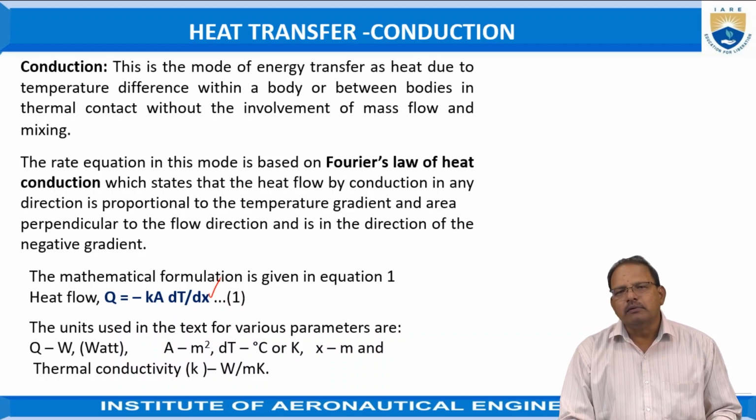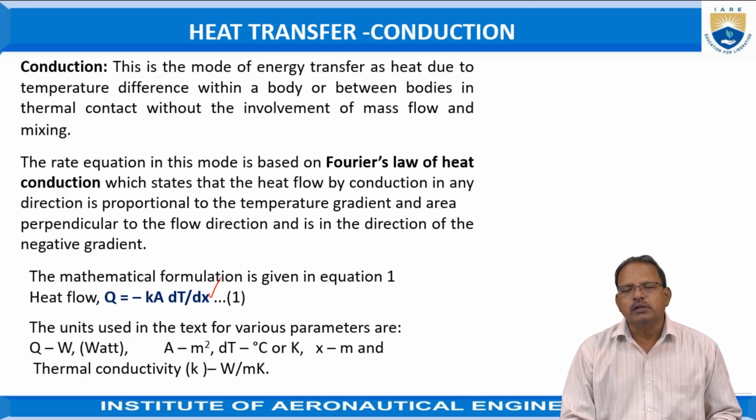When K is the minimum or zero, it is called a bad conductor, which does not allow the flow of heat energy. Generally, these are called insulators.